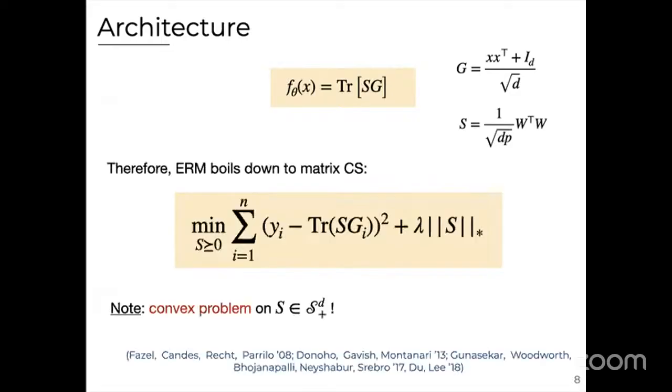If I now write the empirical risk minimization problem in this space, I have this problem. And notice what happened here. The regularization was the square norm on the weights. But the square norm on the weights becomes the nuclear norm on the product of the weights.